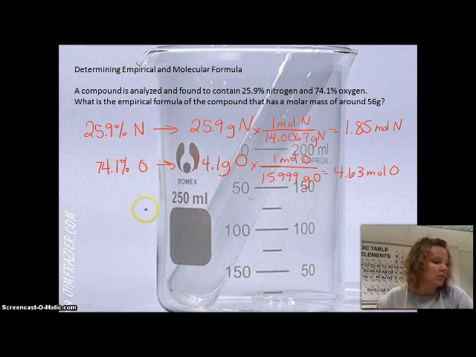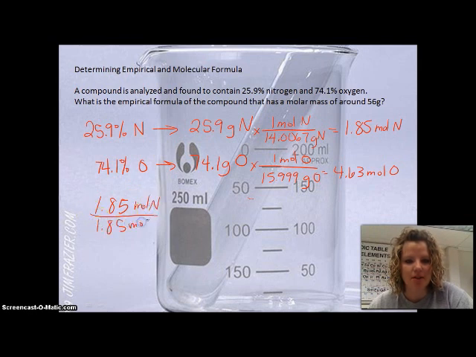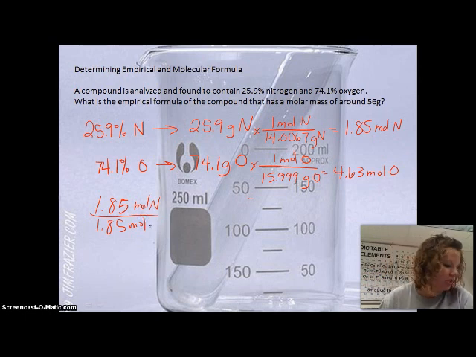So now we have the second step here, and all you have to do is divide by whichever one is smallest. So since 1.85 is the smallest, we would do 1.85 moles of nitrogen over 1.85 moles of nitrogen. We just pick the smallest one, and that's obviously going to give us 1 mole of nitrogen.